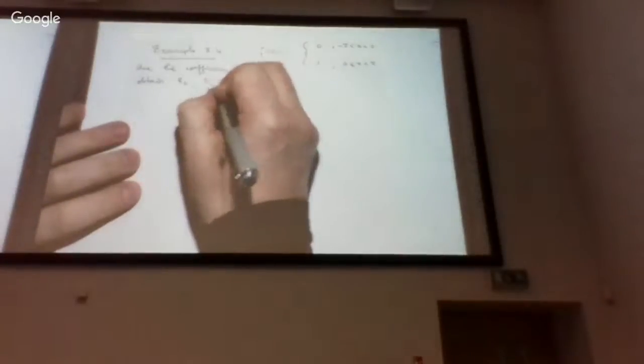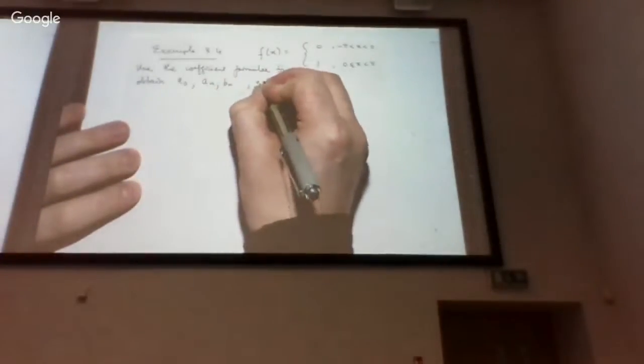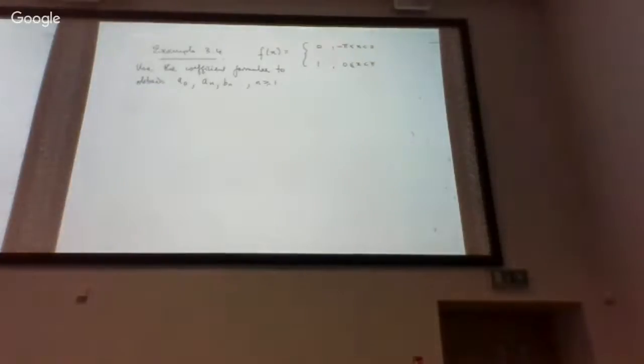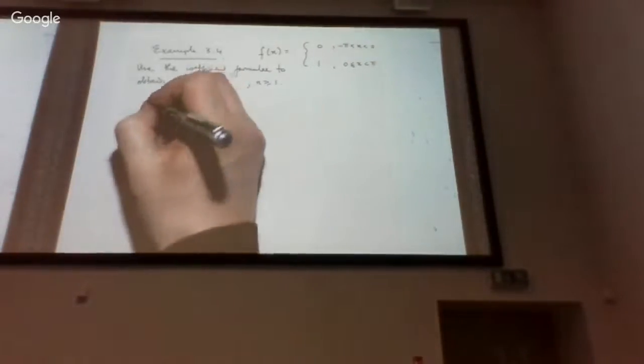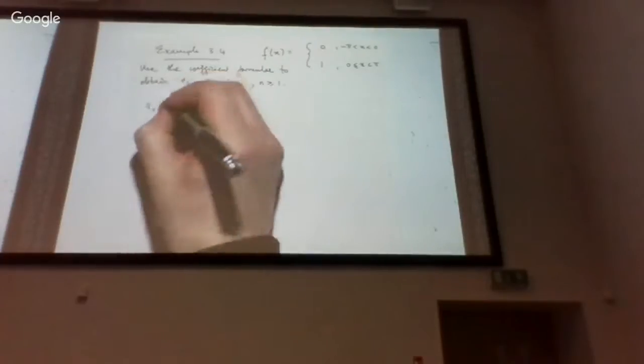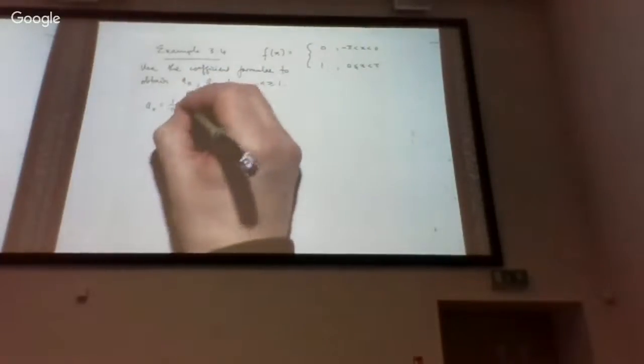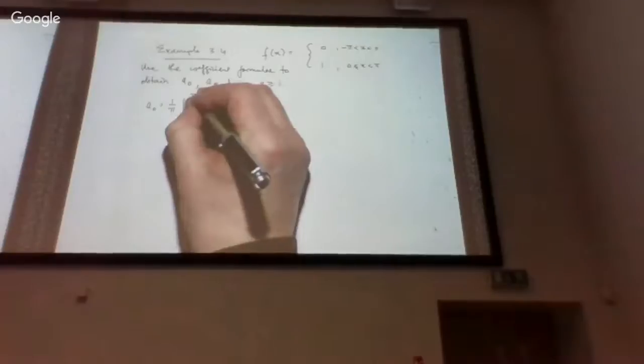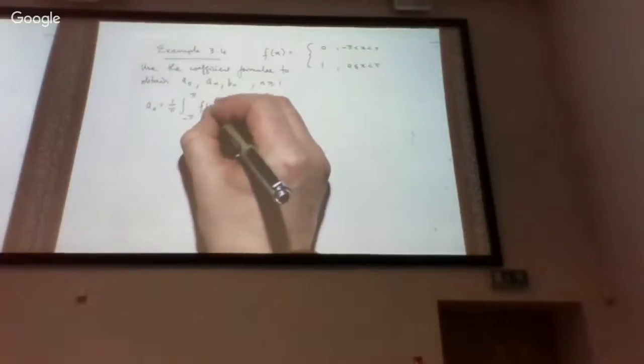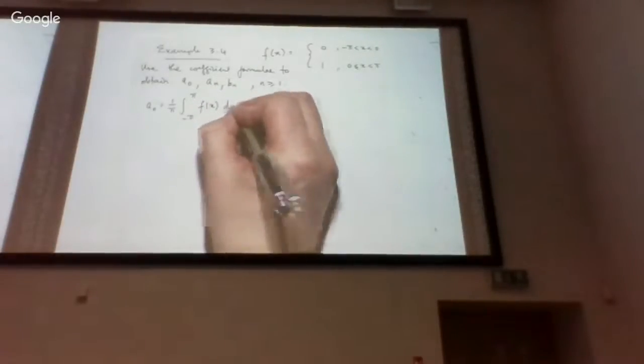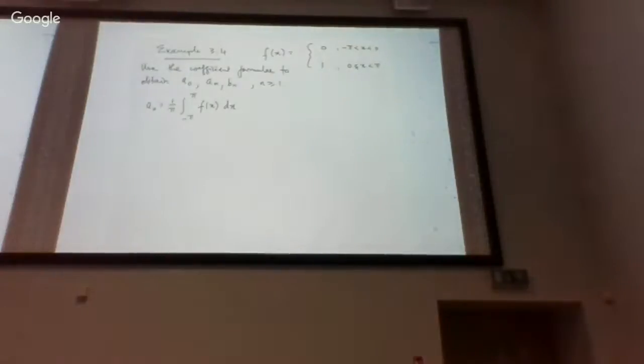And the An's and the Bn's for n bigger than or equal to 1. Okay, so we'll just dive in straight away. The formula for A0 is 1 over pi times the integral from minus pi to pi of the objective function f dx. So this integral is the inner product of the function f with the constant function 1.